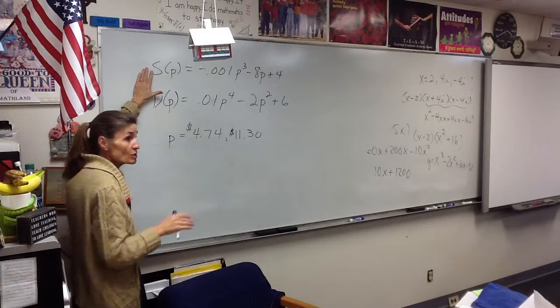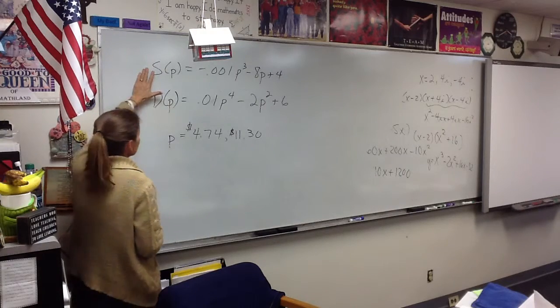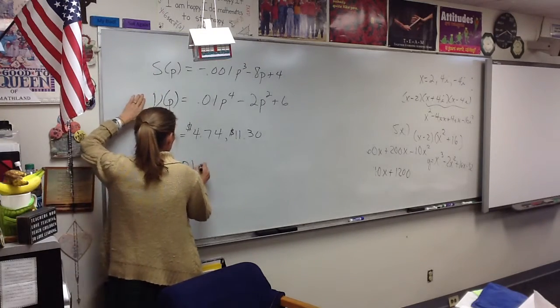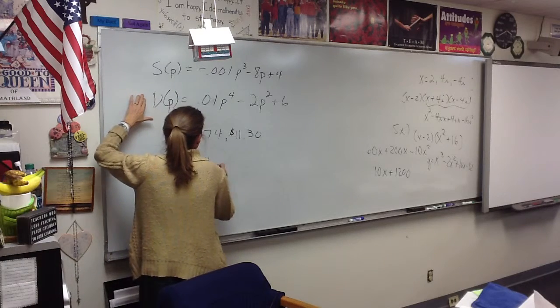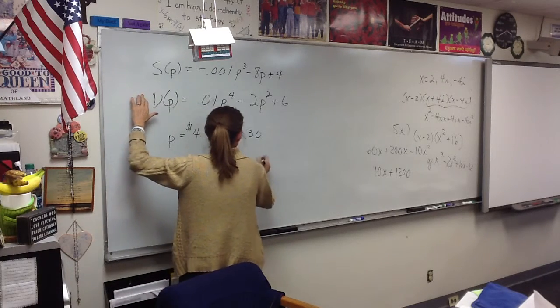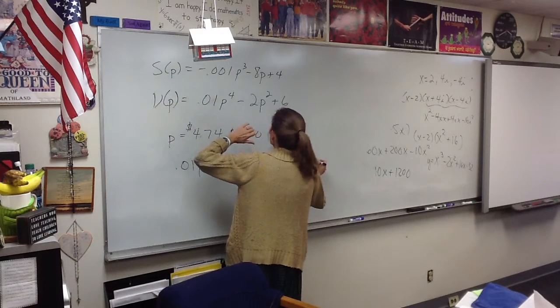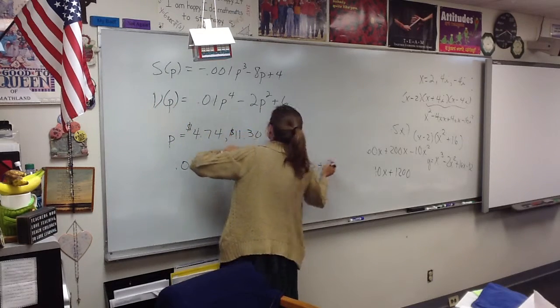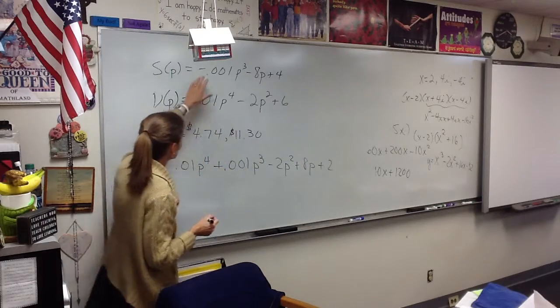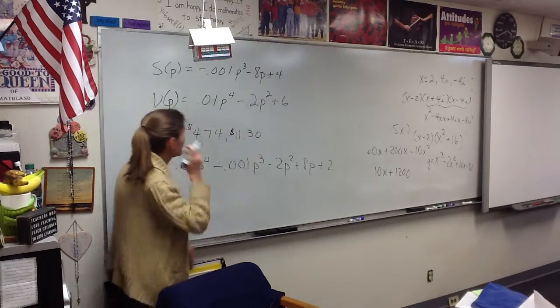Okay, one strategy is to set them equal to each other. So the equation that you're solving is 0.01p to the 4th plus 0.001p cubed minus 2p squared plus 8p plus 2. Added that, subtracted that, yeah.